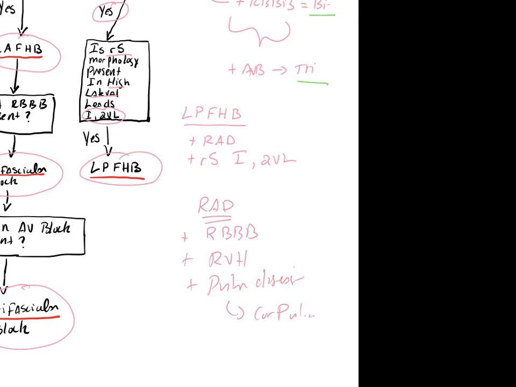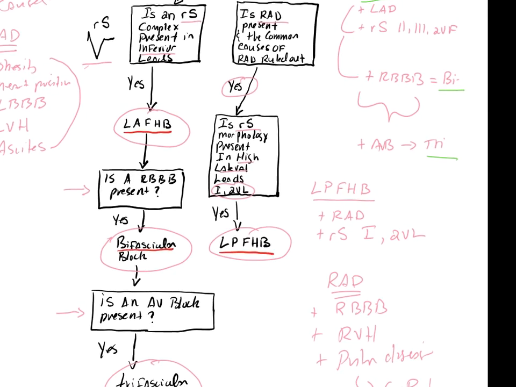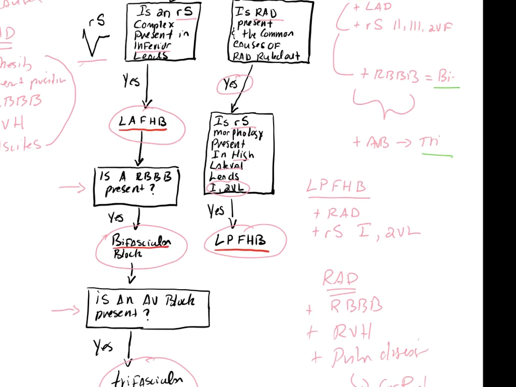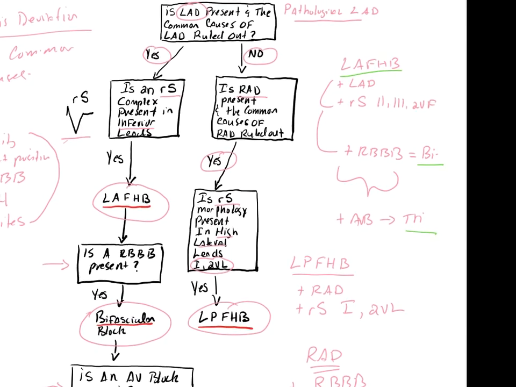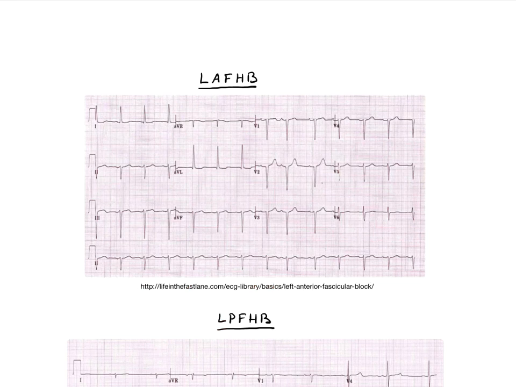So if you have those that can account for that, you have to be very careful about going down that pathway. You guys okay with that? Make sense? Did you write the pathway down? Yes. Okay, let's go through some examples then.